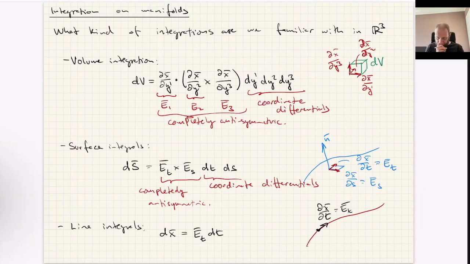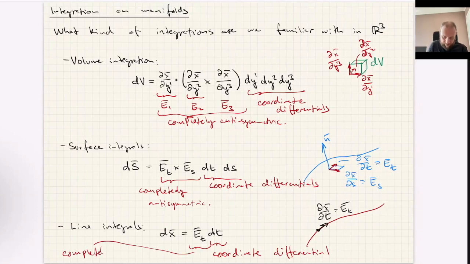So this is also a coordinate differential, and then there's something that's completely antisymmetric. I mean, this doesn't say much because there's nothing to commute it with, but in the sense that anything that we can commute it with gives a minus sign. We can't commute it with anything, so by definition it's completely antisymmetric.